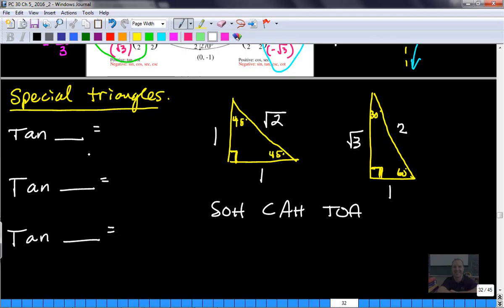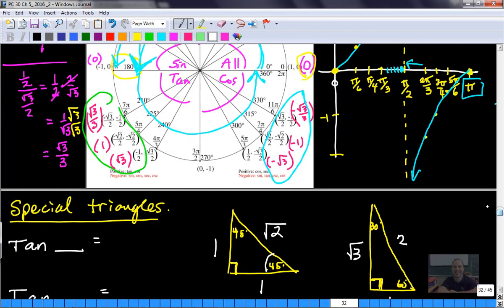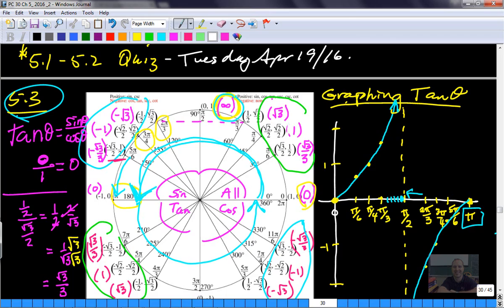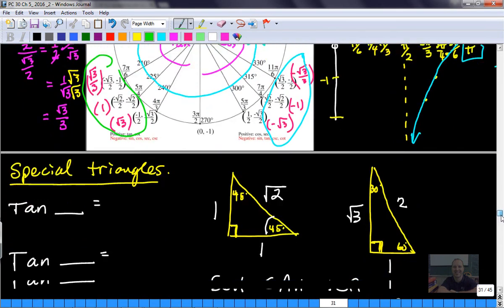So the tangent is the TOA part. All right, so tan of theta equals opposite over adjacent. So if we're looking at 45, let's say, remember 45 from your unit circle up here? The tan of 45 should be what? Should be 1. That's what we determined according to the unit circle.